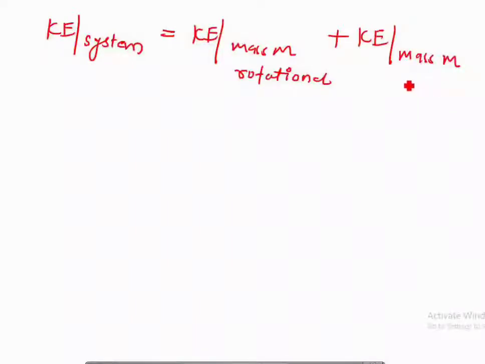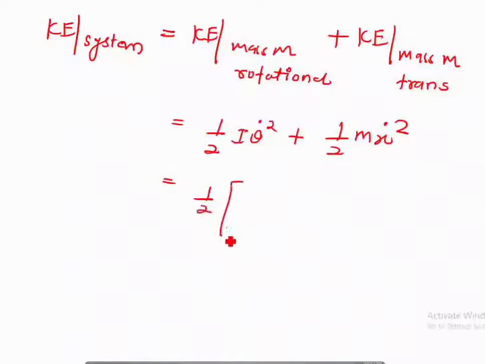The center is not fixed, and at the center we are giving a small displacement x, so obviously we will have a translational kinetic energy. So it is one-half I theta dot square plus one-half m x dot square. Now we know that I is nothing but m r square by 2, the mass moment of inertia of a circular disc rolling on the inclined surface.